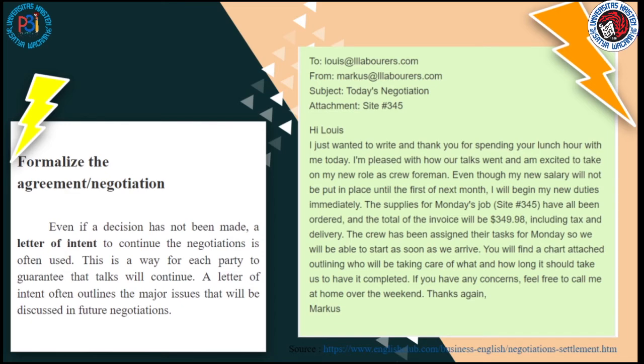This is a way for each party to guarantee that talks will continue. A letter of intent often outlines the major issues that will be discussed in the future negotiations. And we have provided the example of writing an email or continuing the negotiation through email for further details. You can see it by yourself in your handout.